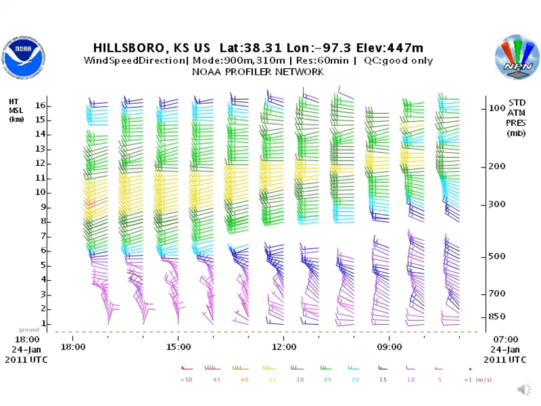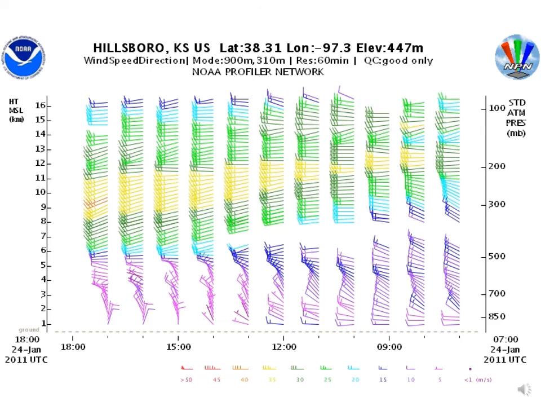If we move to the left and look at a single altitude, let's start at the surface. The winds are from the west, and then they get stronger from 10 meters per second to 15 meters per second. Then they get a little bit weaker to 5 meters per second, but then they change direction from the west to from the north, and then they get back to 10 meters per second.